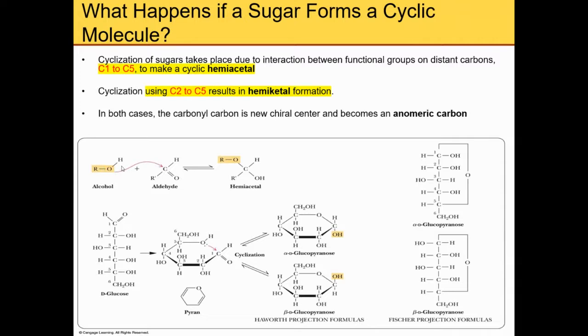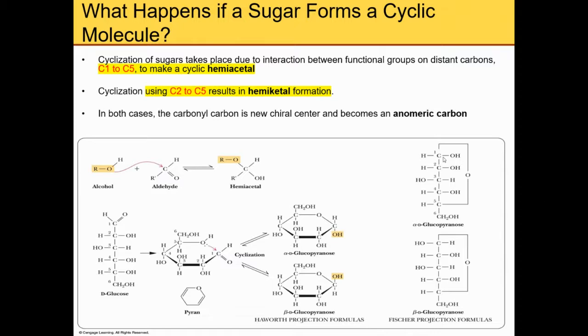This alcohol OH reacts with the aldehyde carbon here, so you remove one hydrogen, and this oxygen connects to this carbon. That's called a hemiacetal. So C1, C5, you can see this oxygen here.